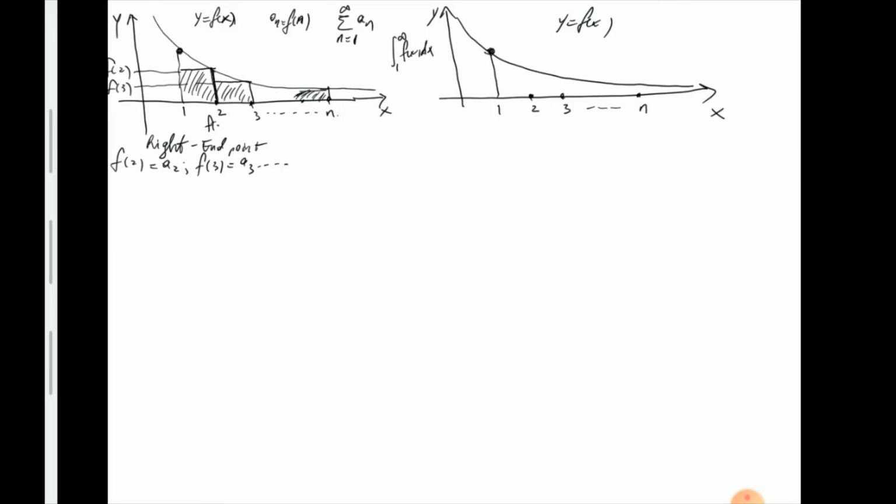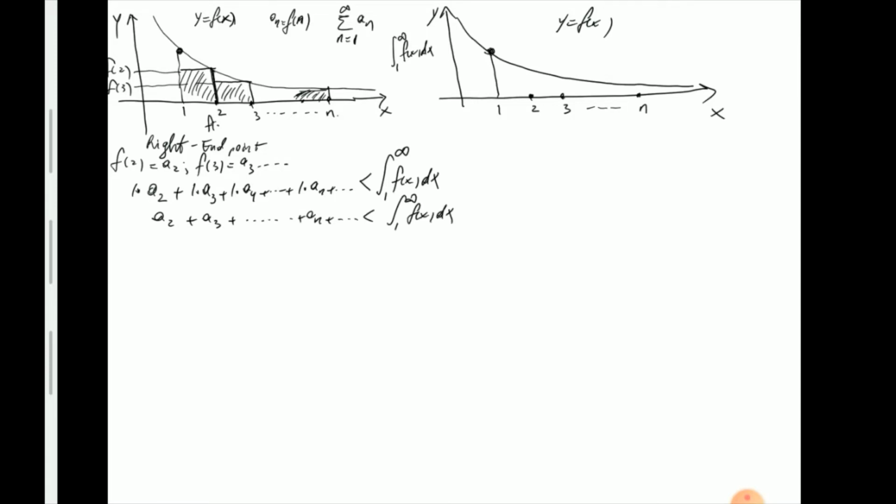From the left picture, I can conclude that a2 times 1, the area of the first rectangle, plus 1 times a3, plus 1 times a4, all the way up to 1 times an, is going to be an underestimation of the improper integral. So the infinite sum, starting from a2, is less than the integral from 1 to infinity of f of x dx.